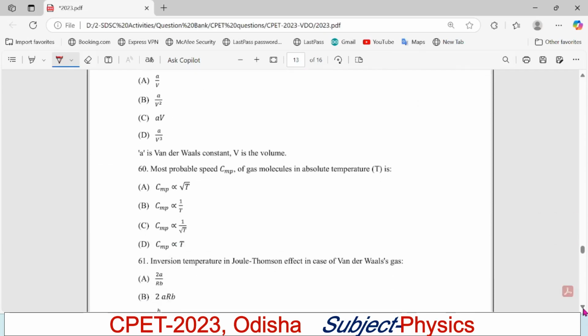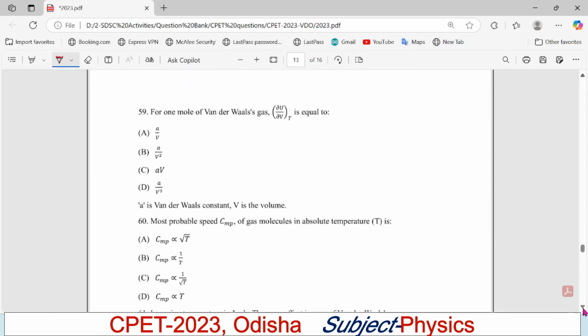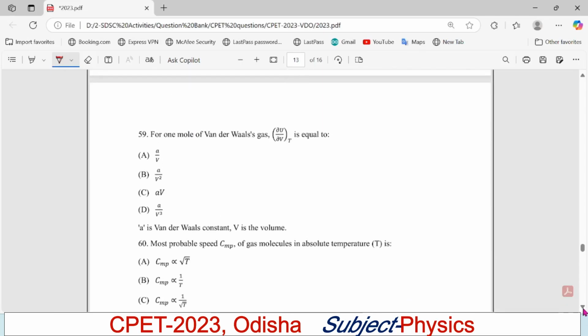Next question, question number 59. Question 59 asks that for 1 mole of van der Waals gas, del U by del V at constant T will be equal to dash. So according to the van der Waals equation, what do we have to write? P plus a by V square into V minus b equals RT.